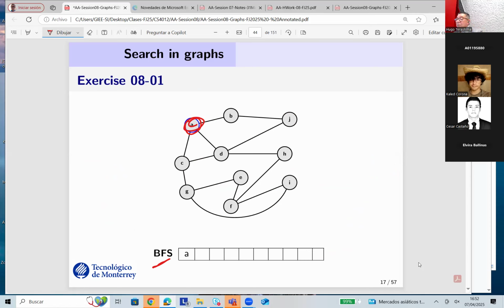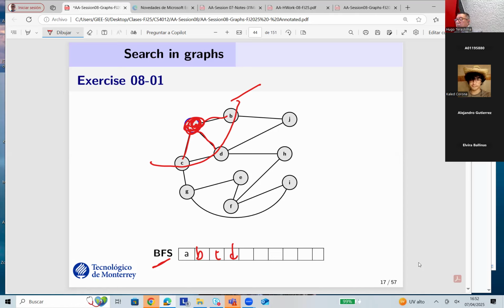For example, you're in A, and what is the element that you're going to put in the queue? B, and then C, and then D. So you explore this level, the ones that are connected to A with just an arc. And then you can go from there, you're going to choose which one.